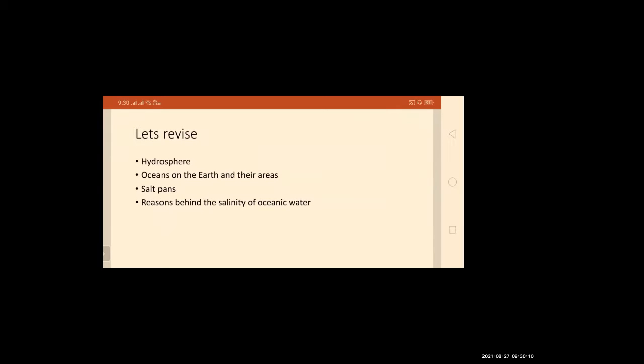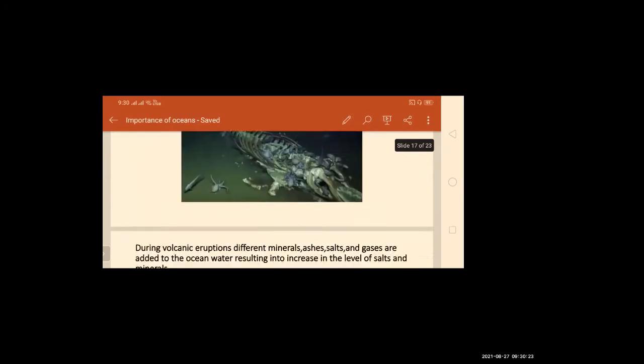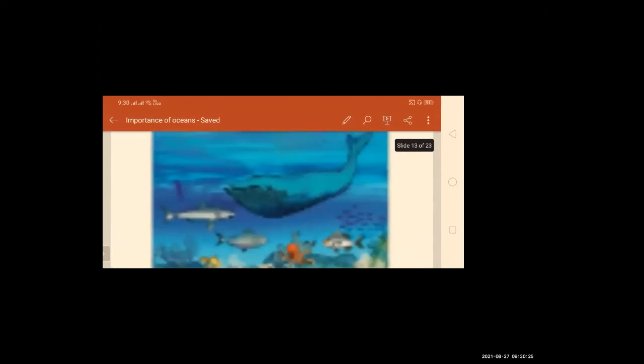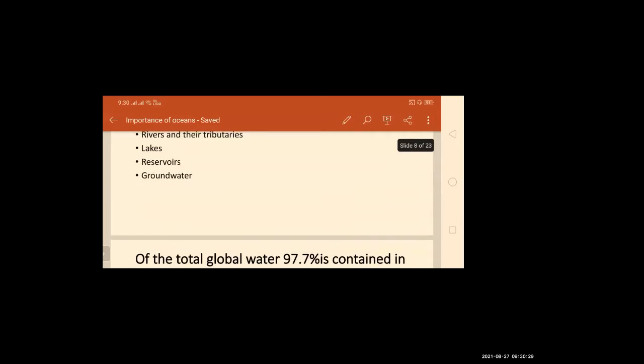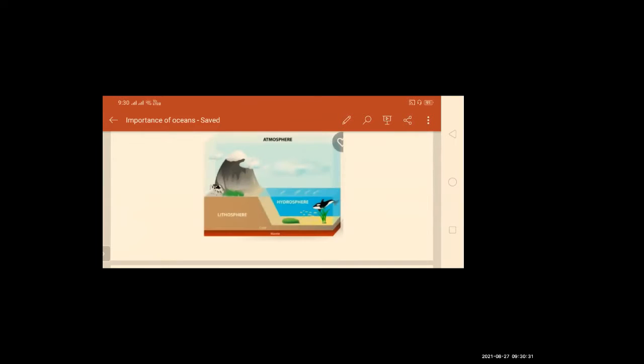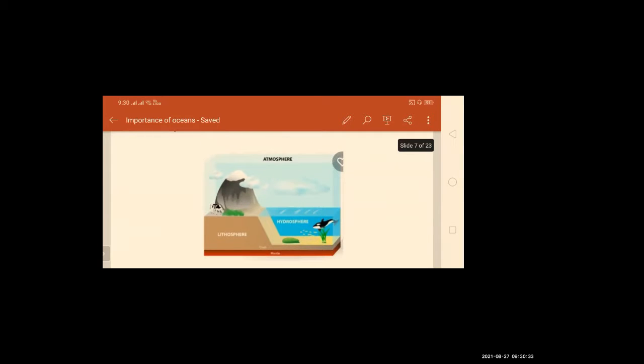Let's revise. In this lesson, this is the first half of our lesson, and these are the points we have covered. First, we have learned about the hydrosphere. What is the hydrosphere? Yes, the hydrosphere is the layer of our earth which has water, correct?